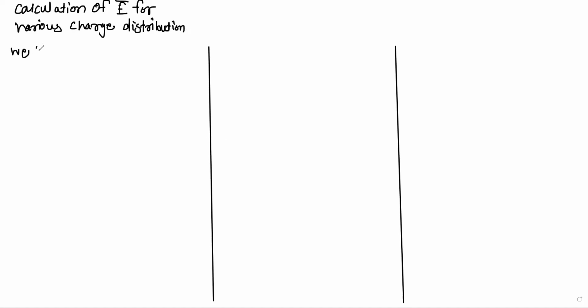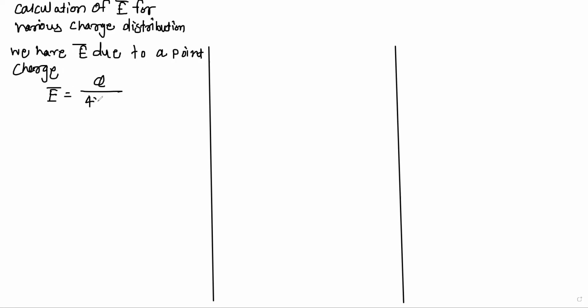What we have is the electric field intensity due to a point charge. What is the expression for it? The electric field intensity E bar corresponding to a point charge Q is Q upon 4 pi epsilon naught R square, A bar R. This is the case when we consider a point charge as a source charge.